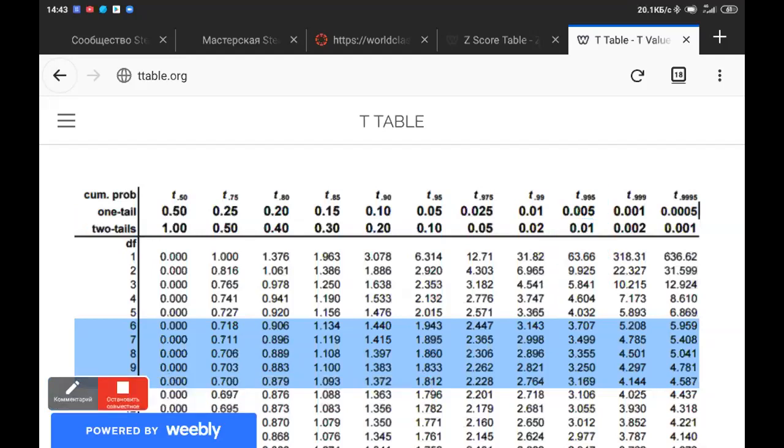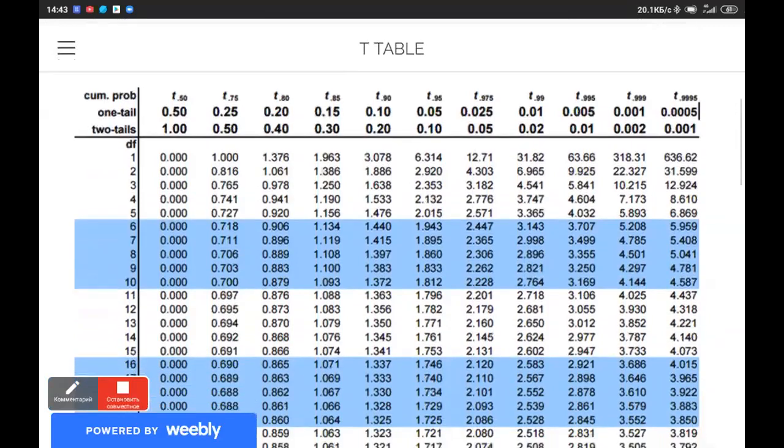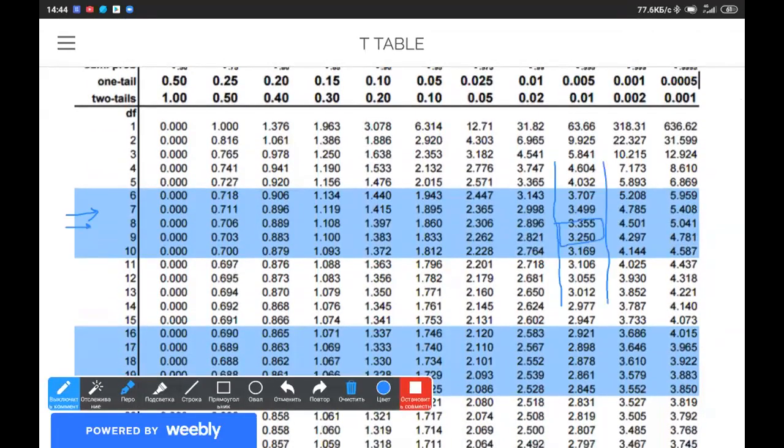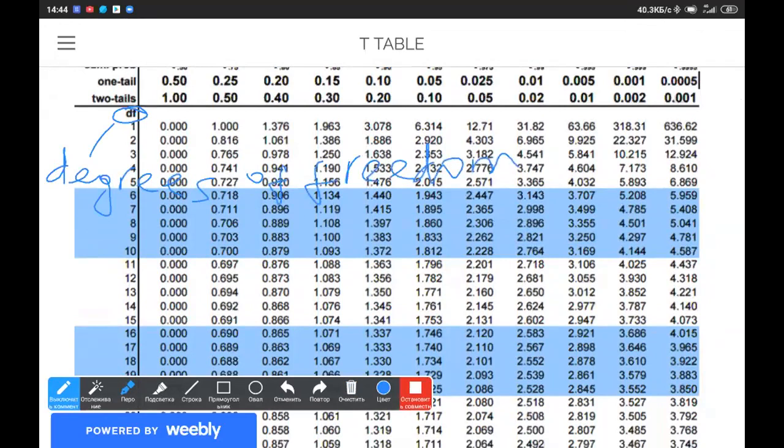But now we have some additional things. So here, if you look, there is a thing that's marked as DF, and that DF is degrees of freedom. And degrees of freedom is just n minus 1 in this case. You might remember that from the time we learned about standard deviation.